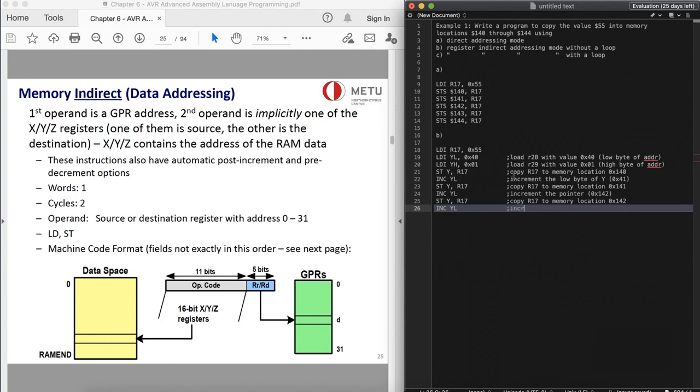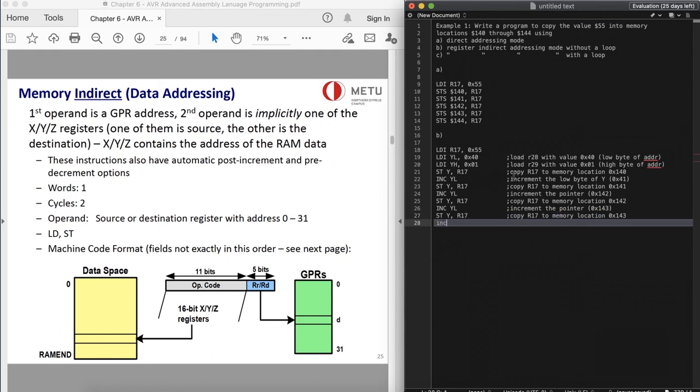So we increment the pointer to be 0 hex 143, and then we store R17 once again, and that's going to be copy R17 to memory location 0 hex 143.